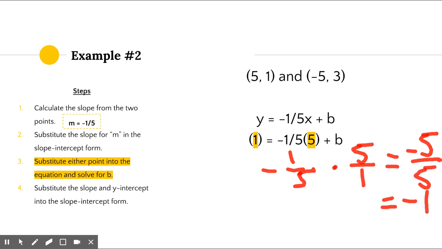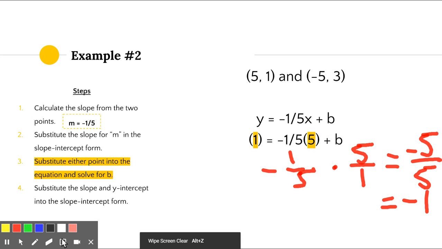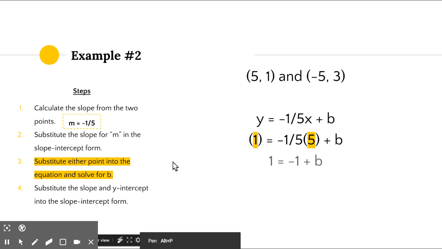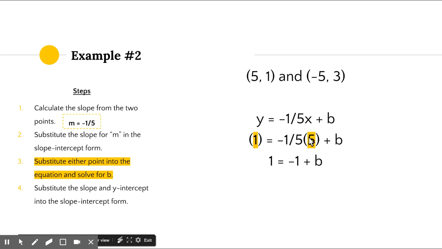So even though it looked scary, it's actually really nice. And we find out that when we multiply negative 1 over 5 times 5, it's negative 1. And then to solve this equation, the opposite of a negative 1 would be to add 1 on both sides, which again, we get b as our y-intercept, so b equals 2.